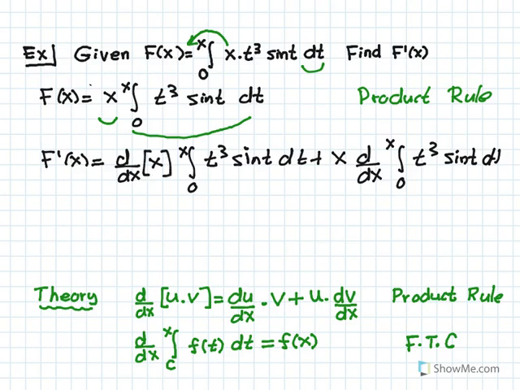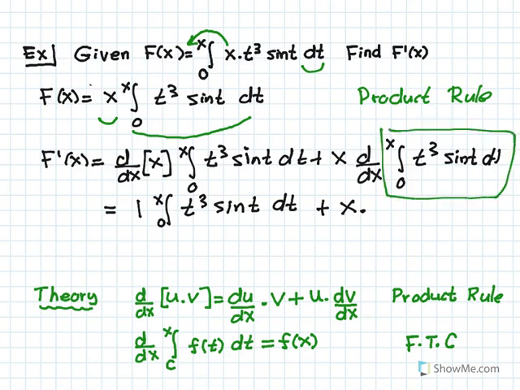Now the derivative of x is just going to be 1 times the integral from 0 to x, t cubed sine t dt, plus x times, now we have to apply the fundamental theorem of calculus. So what we're going to do is x will get plugged into t, and what we get is x cubed sine x. Let me rewrite this, make it look nicer.